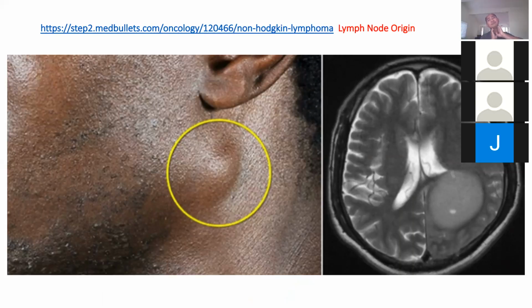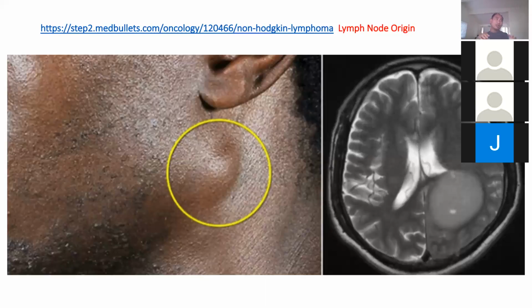this lymph node enlargement. One thing I forgot to mention, multiple lymph node enlargement, it is cancer of the lymph node, which is what we call lymphoma. Again, that is another serious problem.